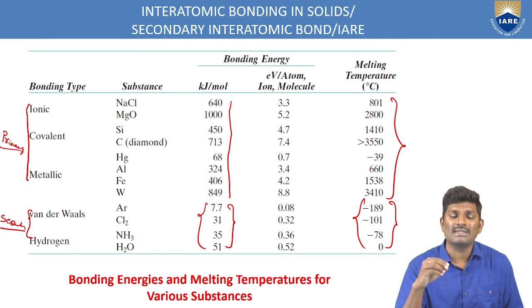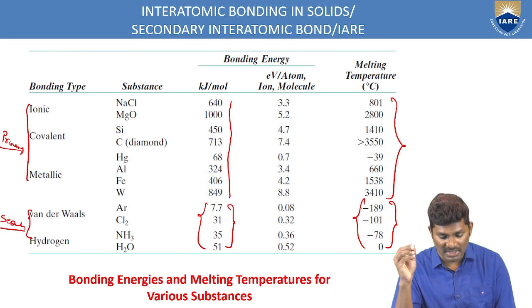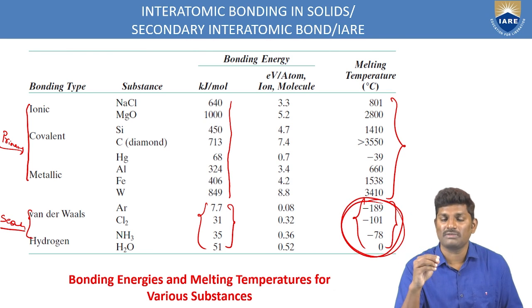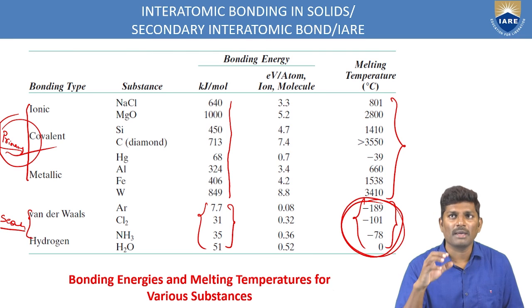And also in some elements, though the secondary bonding type is available, it is neglected because of these negative, very low values. Only the primary are considered. Though the secondary is available, the secondary is neglected, and you can select only the primary type of bonding.